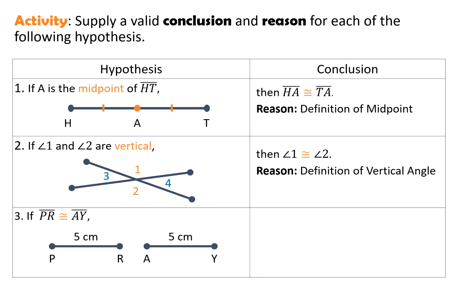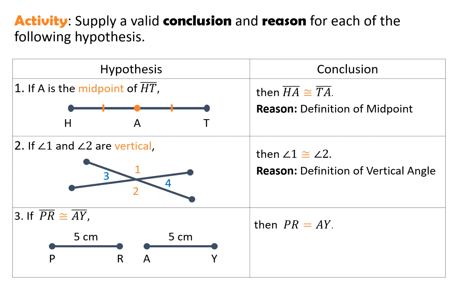Now, for statement number 3, if line segment PR is congruent to line segment AY, ano yung pwede nating maging conclusion? Itong dalawang line segment, the same ang measurement, what does it mean? Then, the measurement of PR is equal to the measurement of AY.